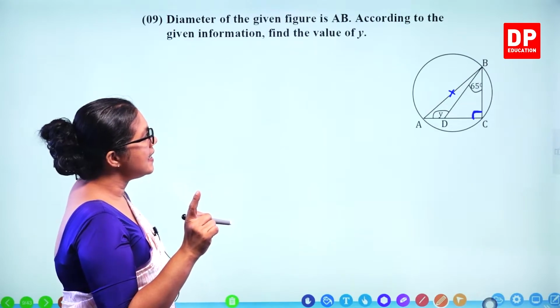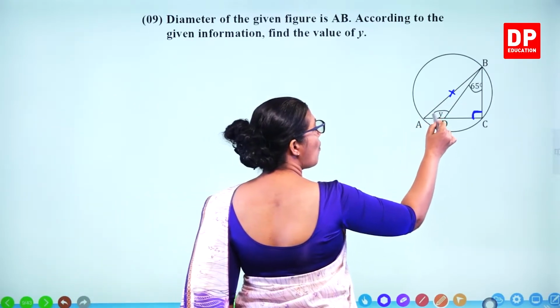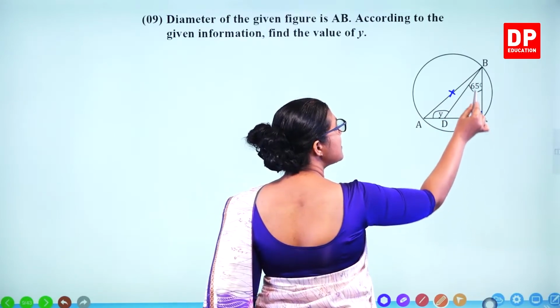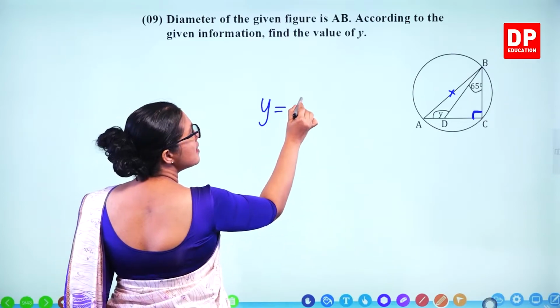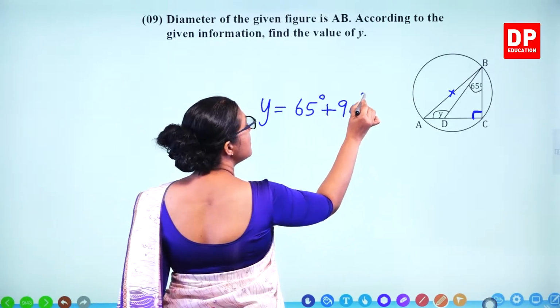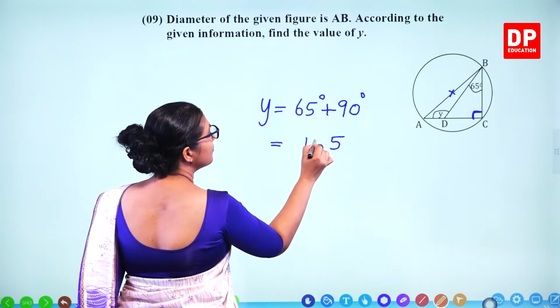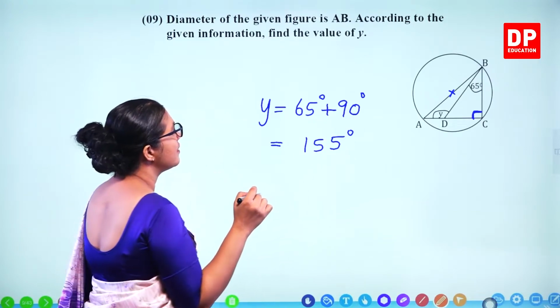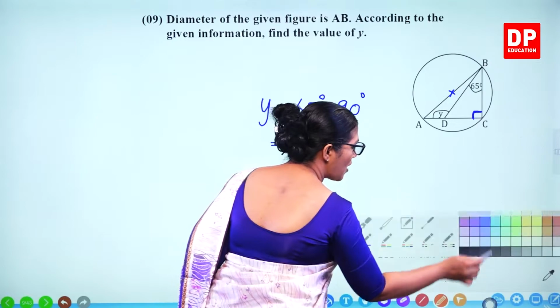So BCA is 90. Now what can you say about y? Y is the exterior angle and these are the opposite interior angles. So y equals sum of opposite interior angles, 90 and 65, 155 degrees. So 2 marks for that.